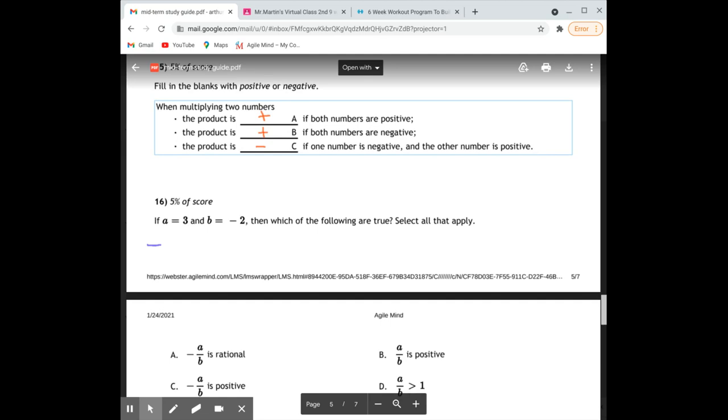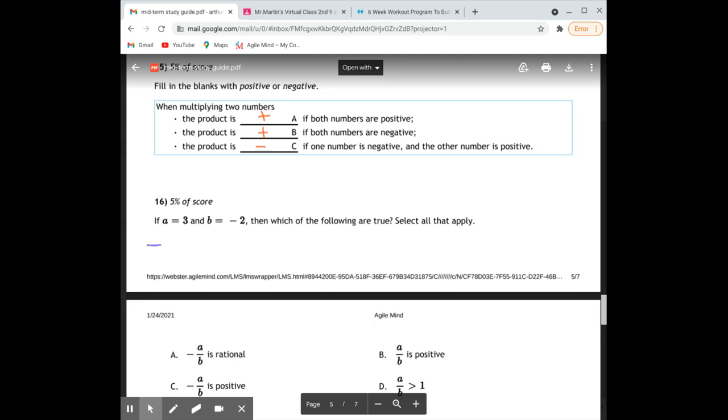Correct. All right. So if you would, would you reread number 15 with our answers, please? Help her out.